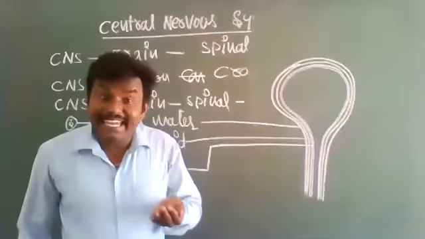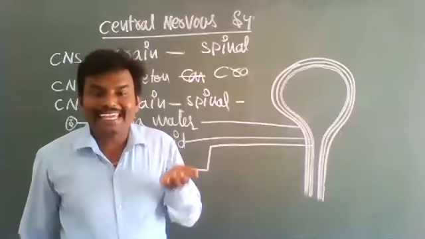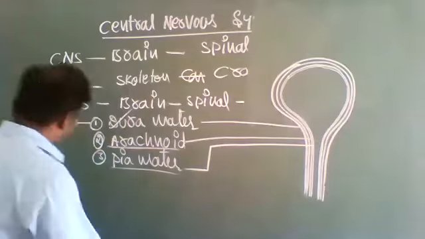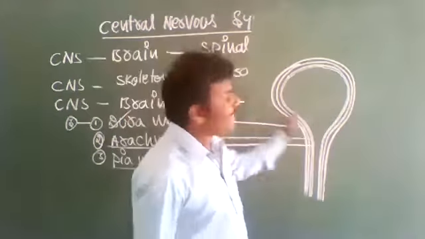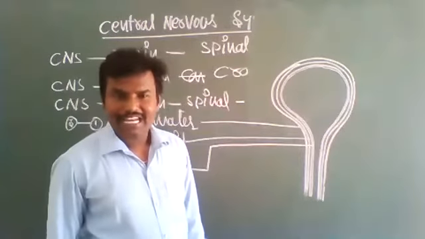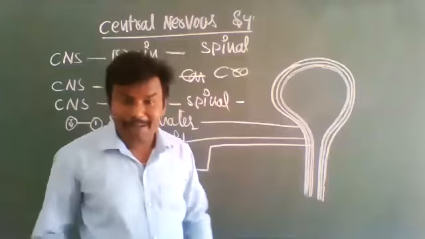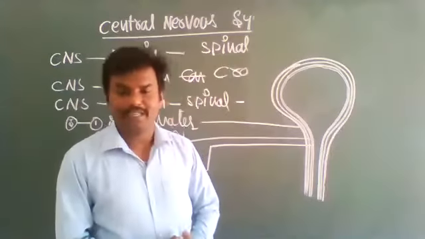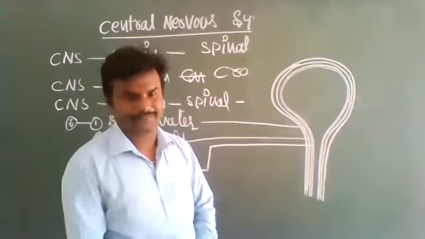It is a delicate part. The innermost delicate part of the brain and spinal cord is called pia mater, which directly covers the nervous tissue of the brain and spinal cord.